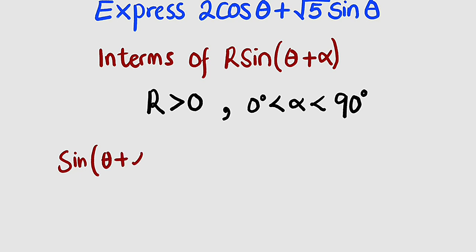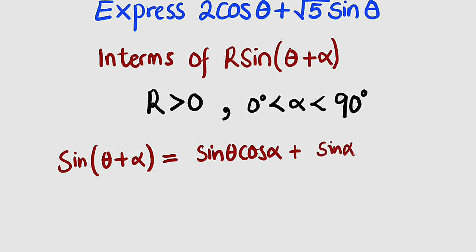So what I want you to remember is when you have a sine of a double angle, theta plus alpha, this can be expanded as what? Sine of the first angle, theta, multiplied by cosine of the second angle, cosine alpha. Then you add sine of the second angle, sine alpha, multiplied by cosine of the first angle, cosine theta.